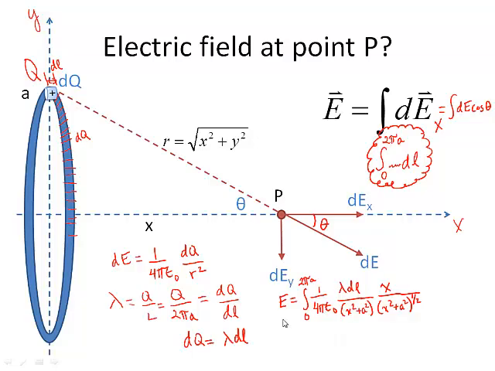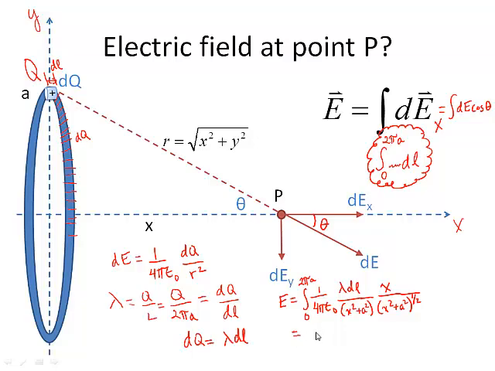Certain things in this equation are actually constant, including the 4 pi epsilon naught. Lambda is a constant since we have uniform charge distribution. X is a constant. A is a constant. A is the radius. X is the horizontal distance from the center of the ring to point P. And so the only thing left in this integral is actually the dl.